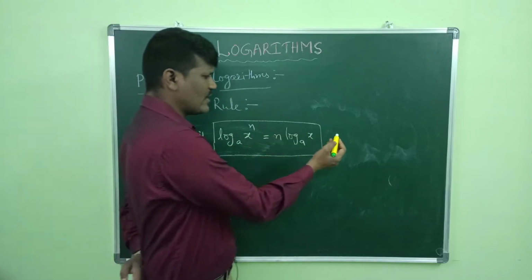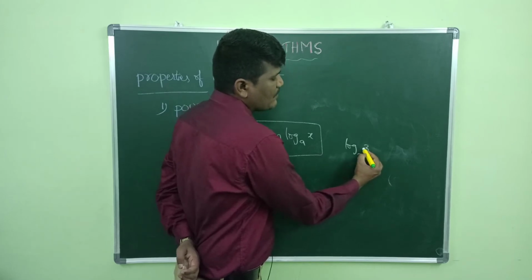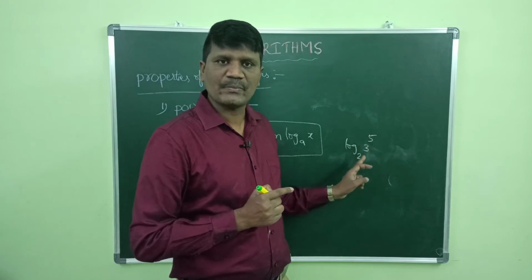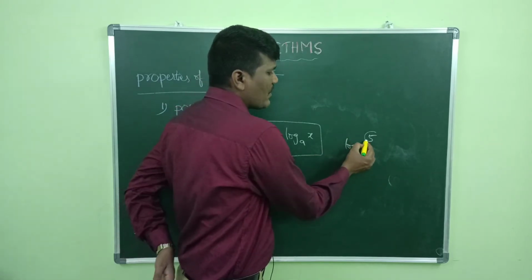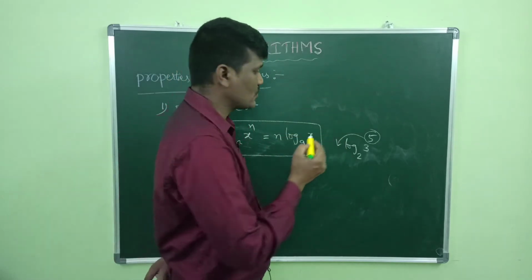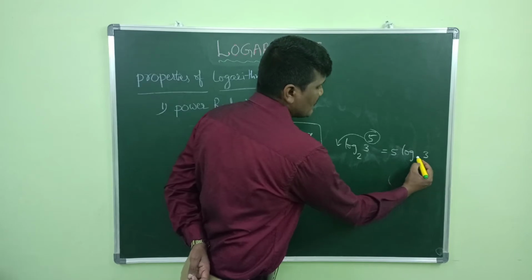If you see some examples, say log 3 power 5 to the base 2. Whatever the power is, you bring it to the front as a product. So you will get 5 into log 3 to the base 2.